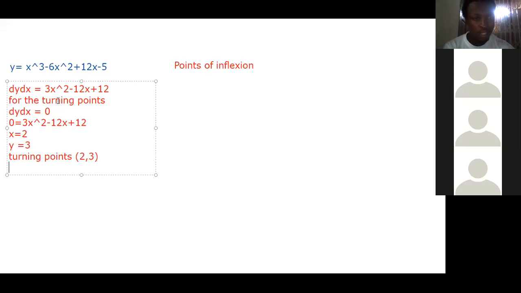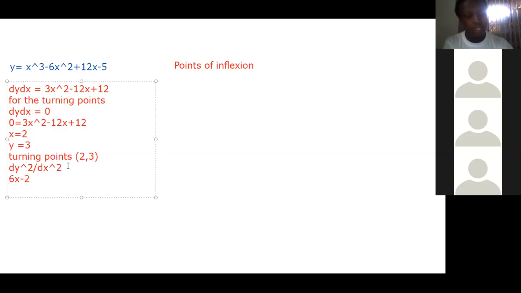So we are going to differentiate this one again. When you differentiate that, we get d squared y over dx squared is equal to 6x minus 12.